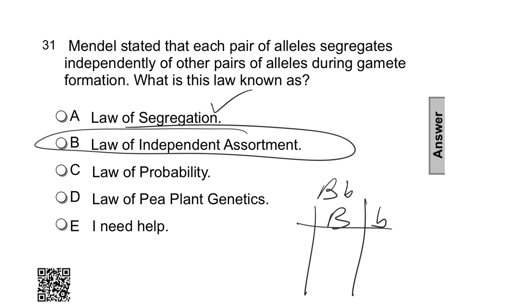You don't get both of them at the same time. So doing that allows you to use the law of segregation. But the answer for two independent ones would be letter B.